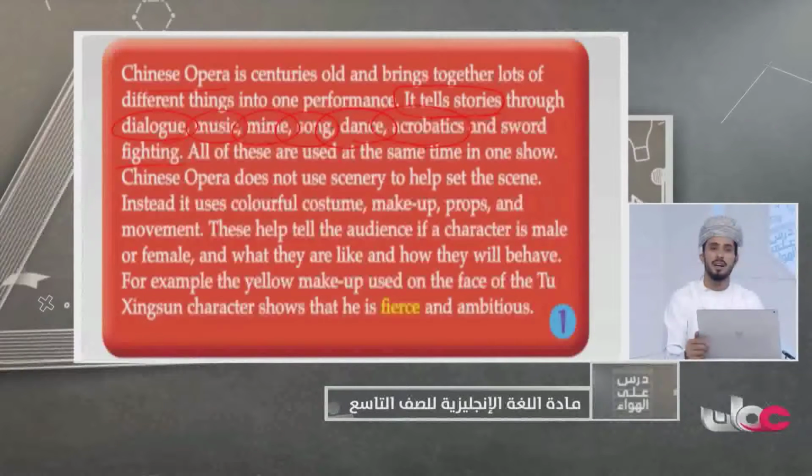So all these are the forms that the Chinese opera use to tell a story. Okay, the answer will be dialogues, music, mime, song, dance, acrobatics, and sword fighting.